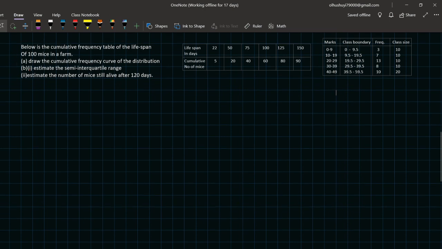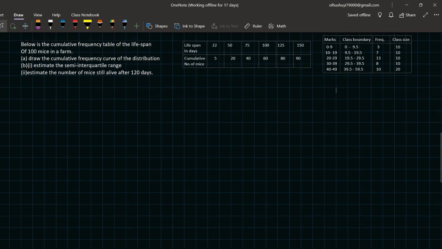Don't forget, I mentioned in the previous video how you estimate your class boundary. From the information we are given here, we have lifespan in days, and the cumulative number of mice that represents the cumulative frequency. The lifespan in days will go for our class boundary, which we are not given exactly.